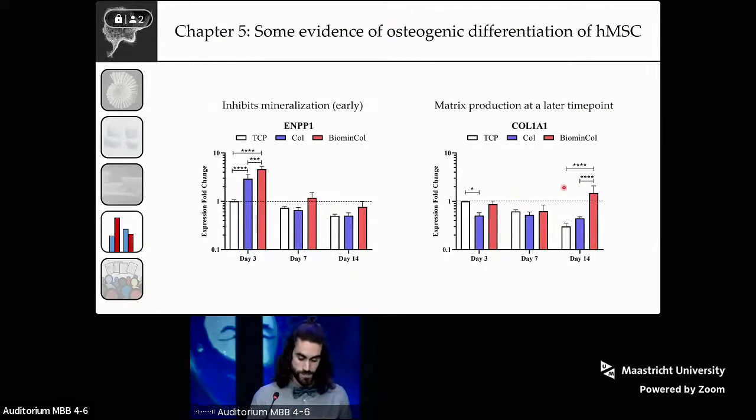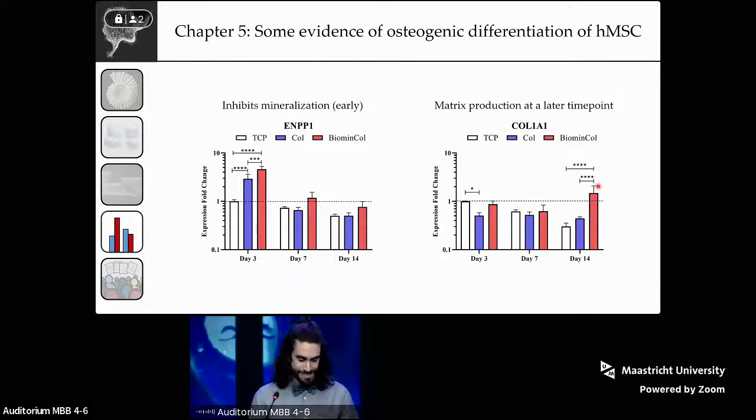So these 2 together seem to indicate that, at least from day 14, there might be a commitment of the cells to start producing matrix. So the overall conclusion from this chapter was that there is indeed some evidence that these biomineralized membranes are able to direct these undifferentiated cells towards an osteogenic lineage.